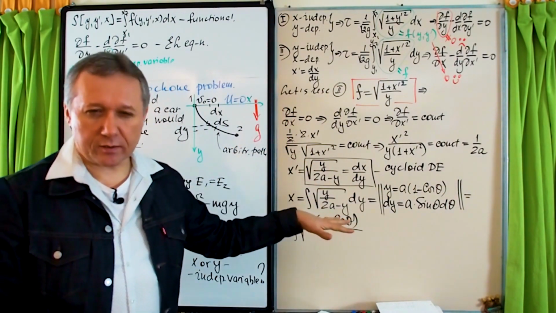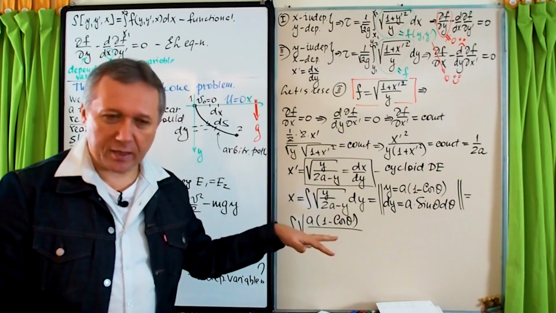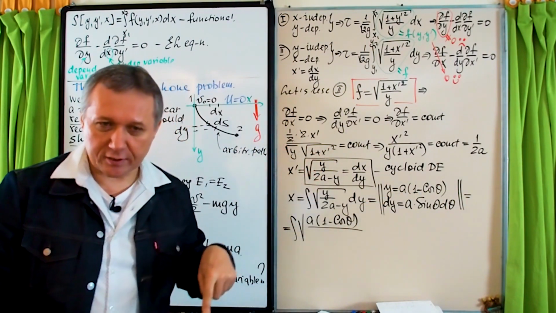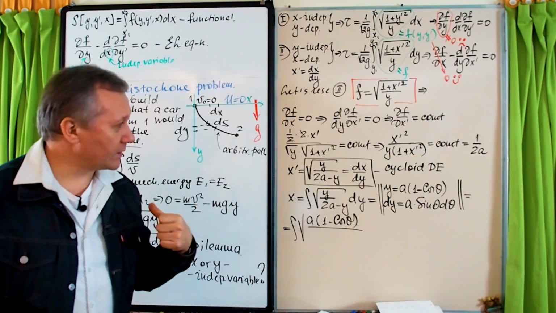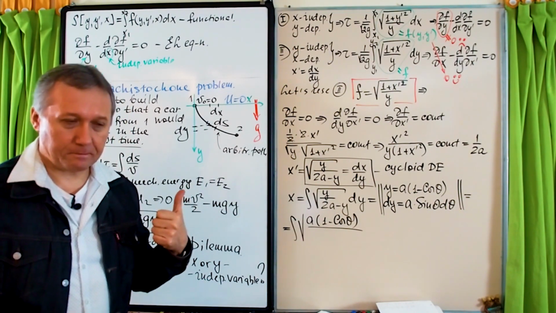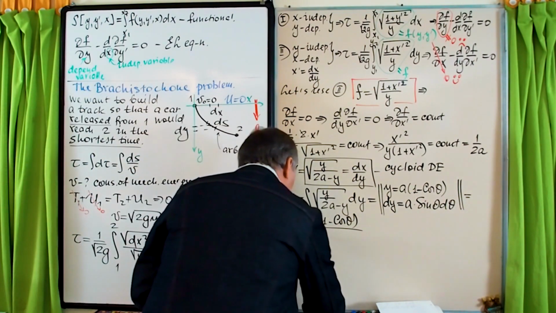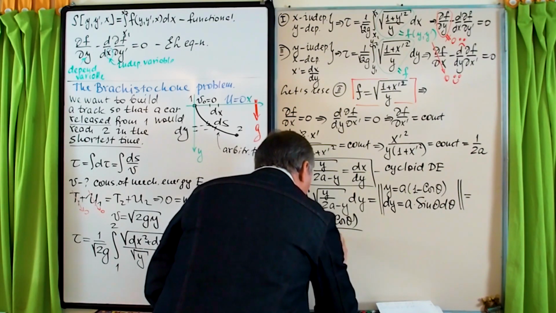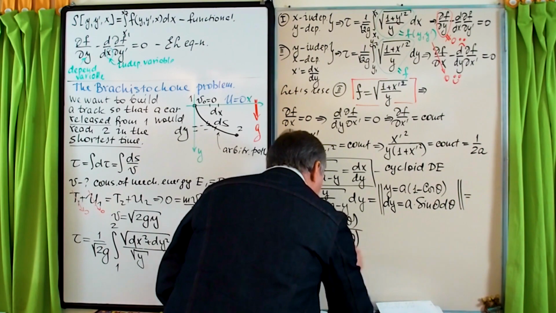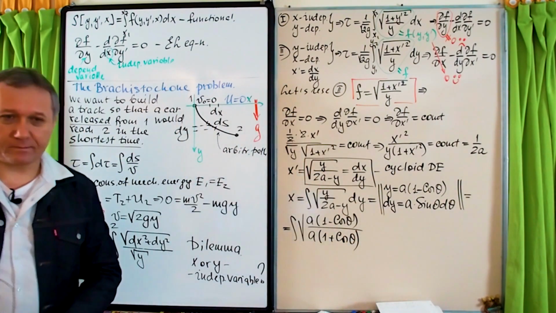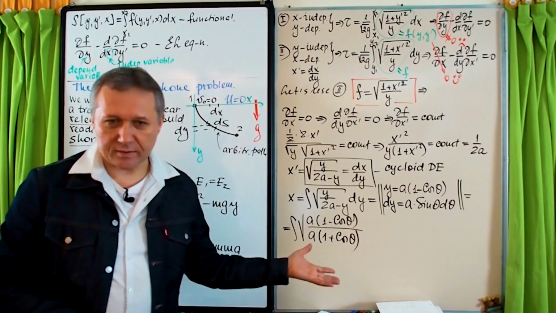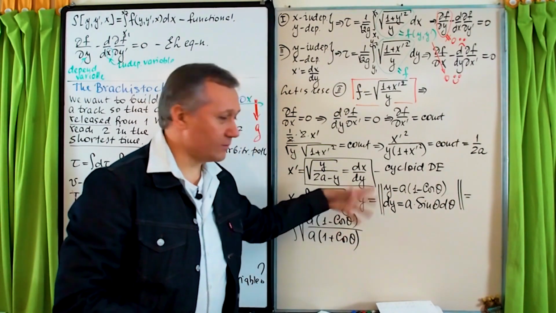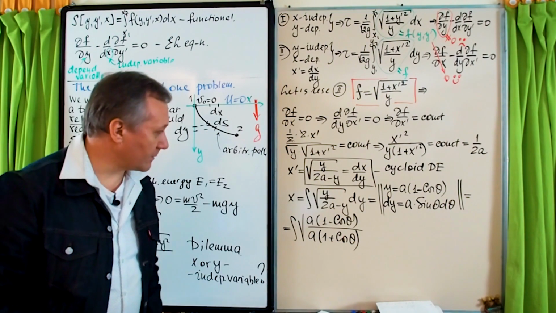If you open the bracket, it will be 2a minus a, which is a, and that minus with that minus gives us plus. So downstairs, we will get a plus a cosine theta, so a times 1 plus cosine theta. I didn't make a big step, right? You just plug it here, subtract, and of course you will end up with this.